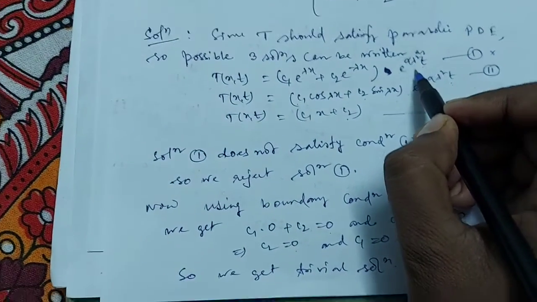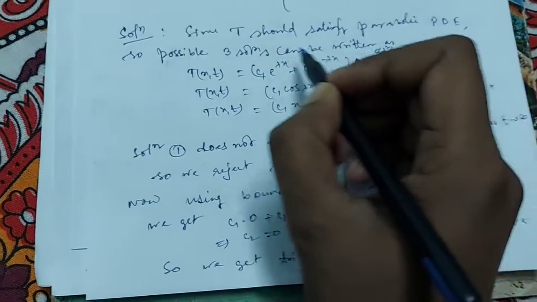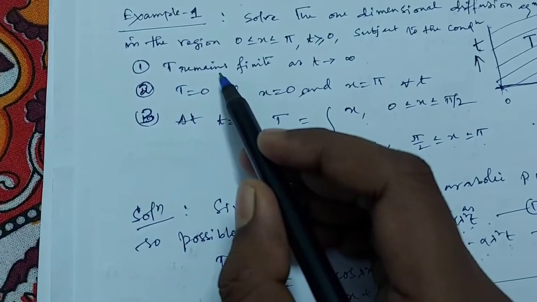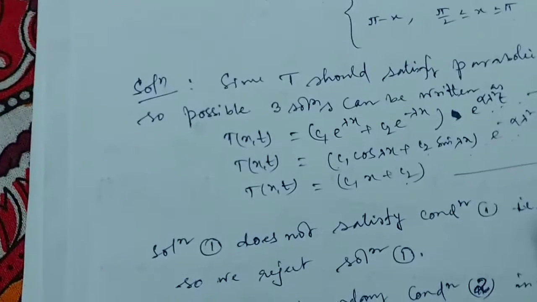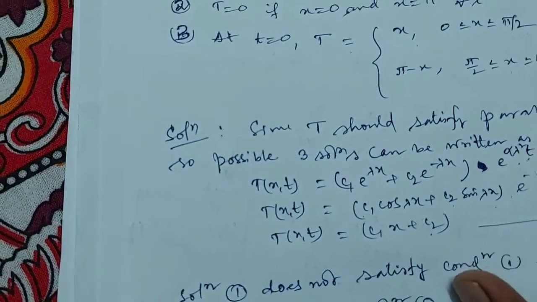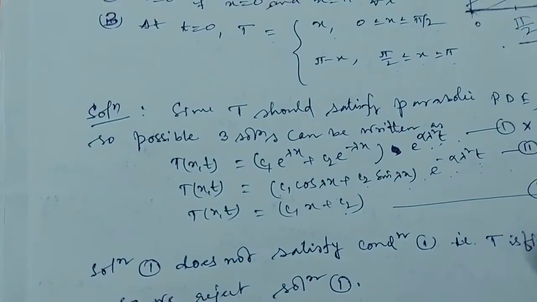If we put t tends to infinity, then the whole term capital T also tends to infinity, but here it is given that T remains finite. So we reject the first solution because it does not satisfy the first condition.